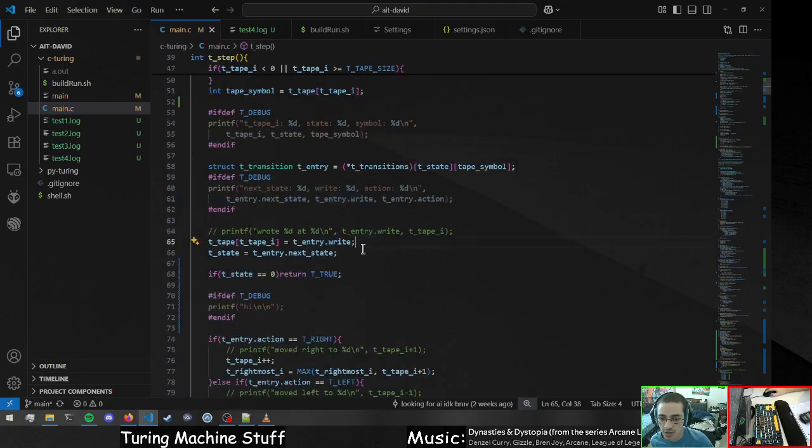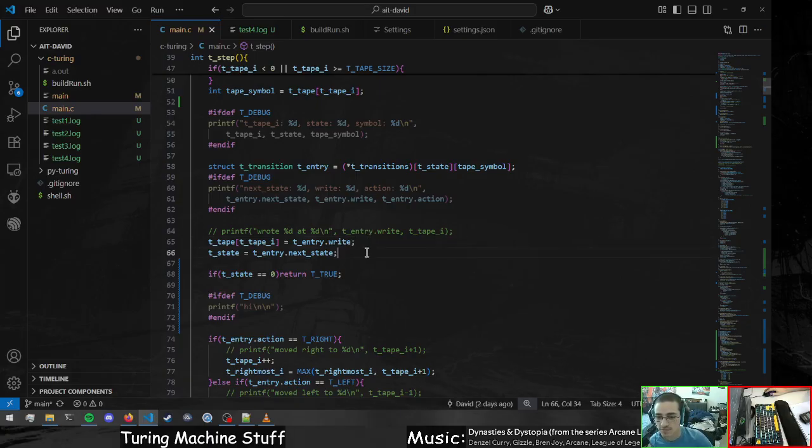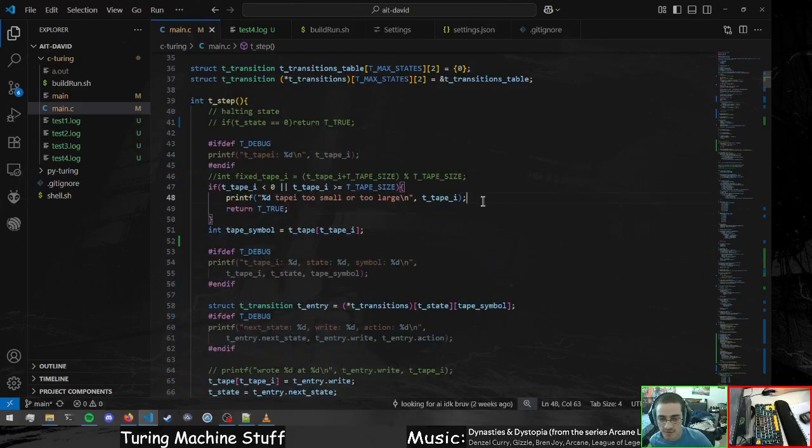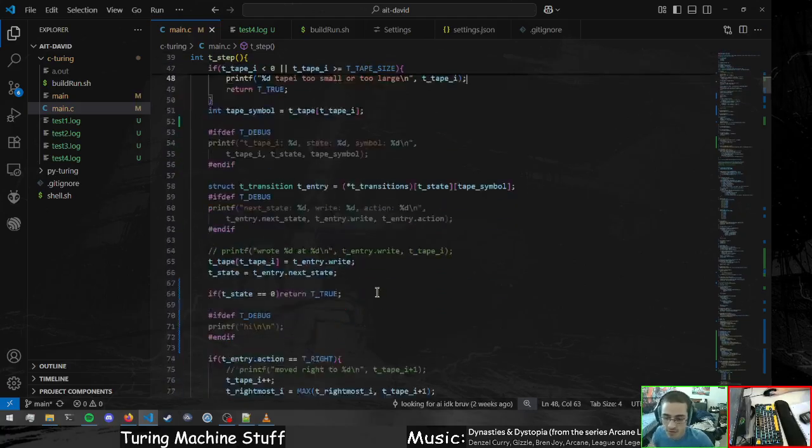Maybe I'm supposed to check which one is the blank symbol, and then it'll flip it or something. Like run it once with the symbols and then run it twice by flipping the symbols. So maybe that's what I should have done. Who actually knows?